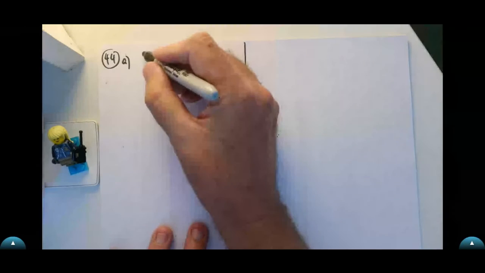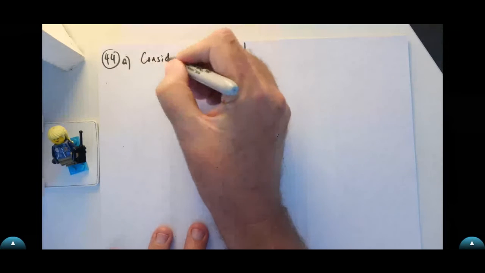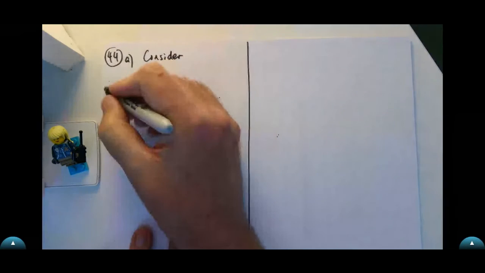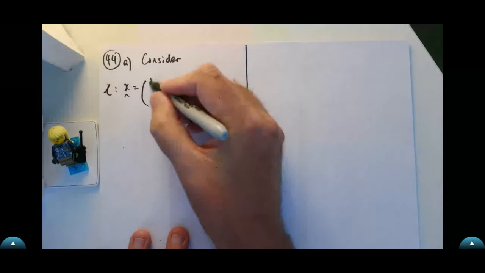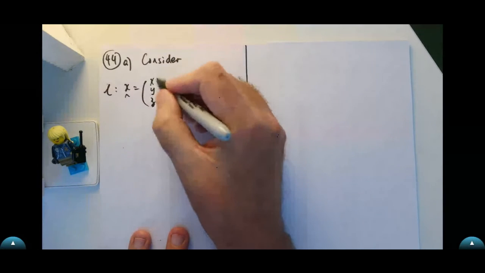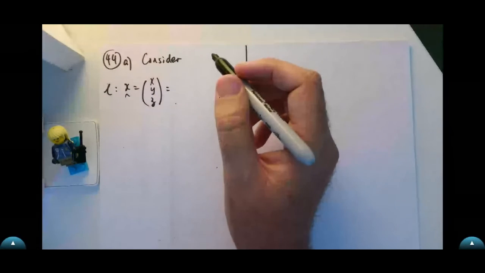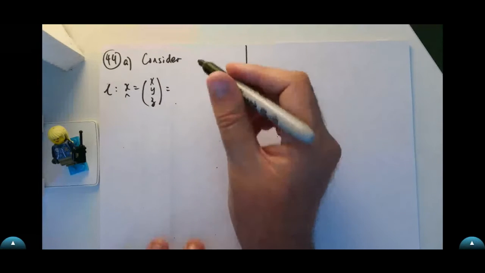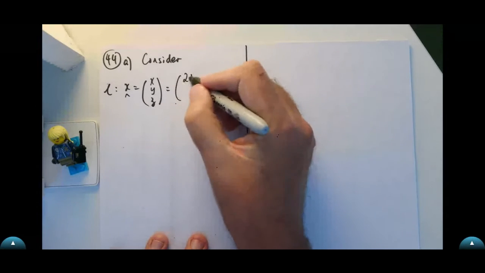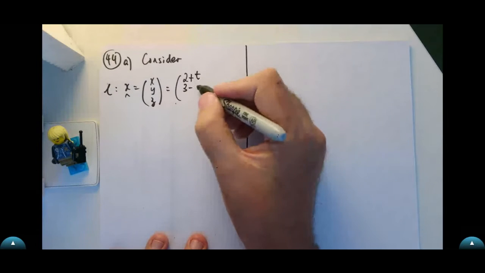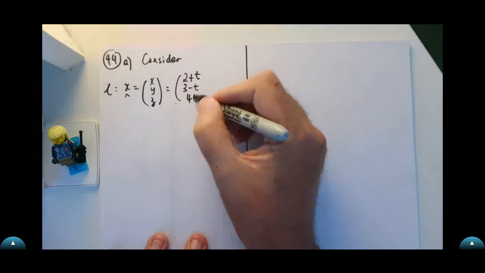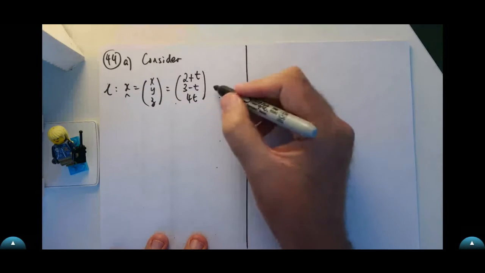All right, so consider the following line. You can see in this one, it's in parametric vector form, but everything's together, and t is the parameter.